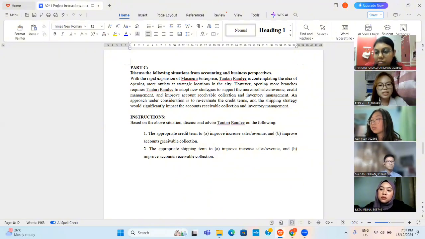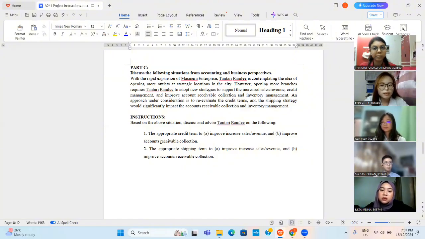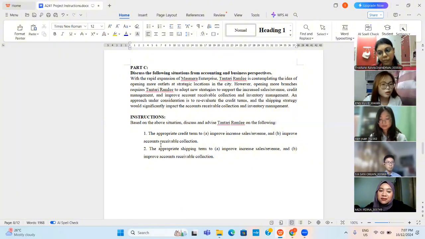For example, the credit term could be that if the buyer pays the invoice within 10 days, the buyer will receive a 2% discount of the invoice amount. This way can encourage buyers to pay faster, before the end of the credit period, so that their cost of merchandise purchase can be reduced. I think this way can help to solve the problem of Tantari Ramli.